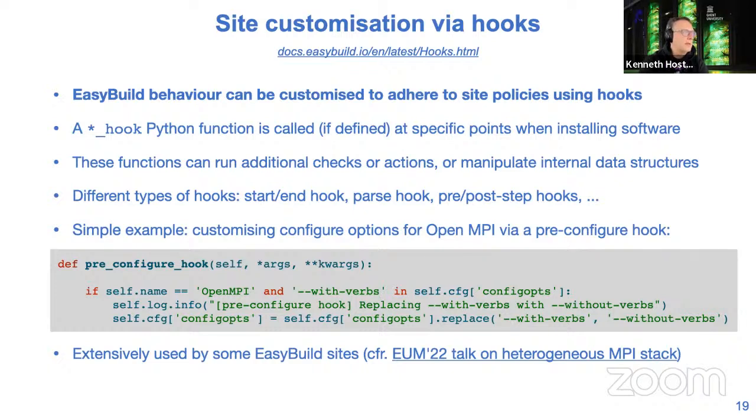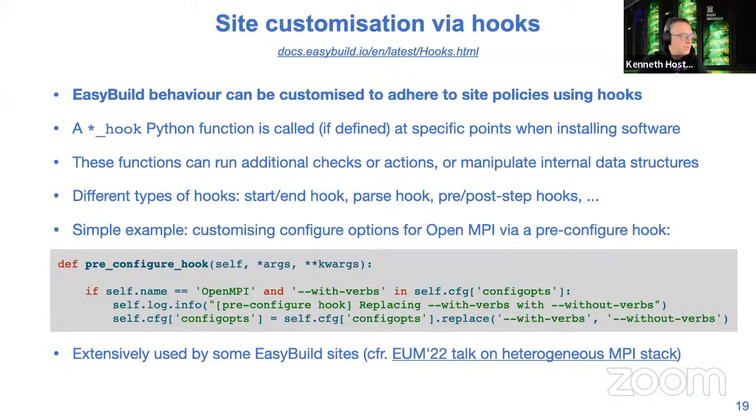The example in the slide shows you how you can customize the configure options for OpenMPI with a pre-configure hook. You're basically telling EasyBuild, if you're installing OpenMPI and you have with-verbs in the list of configure options, then you should replace that with without-verbs instead, and then just continue with the installation as you would do normally. So this is a very easy way to customize EasyBuild and keep track of things in your own version control setup.